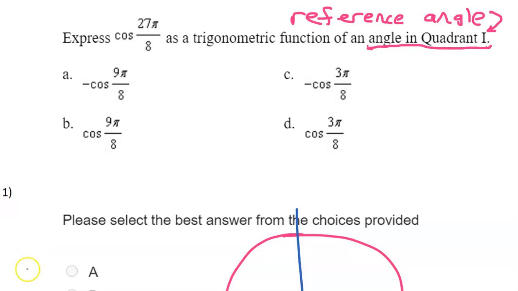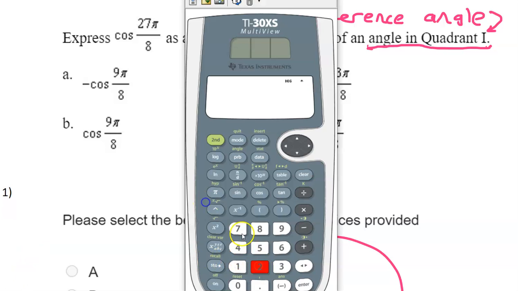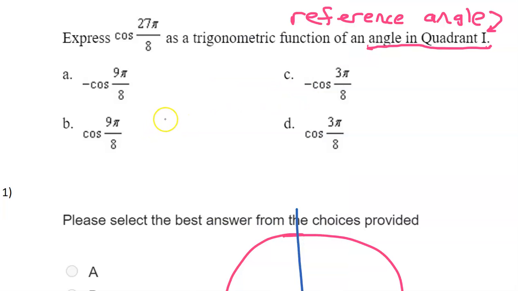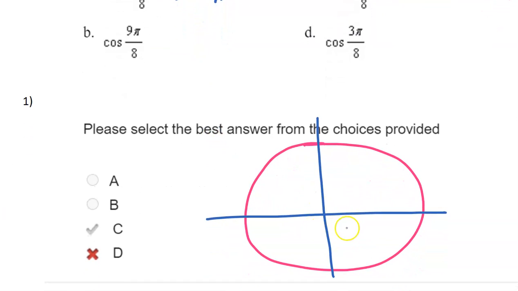What would that be as a decimal? Let's look at the 27 divided by 8 part. That is 3.375. So it's approximately 3.4. Okay, so that means that this angle is approximately 3.4 pi. That will help me locate this on the circle.